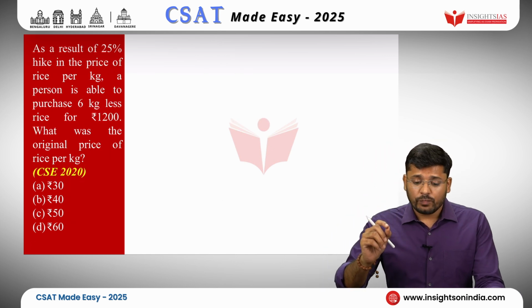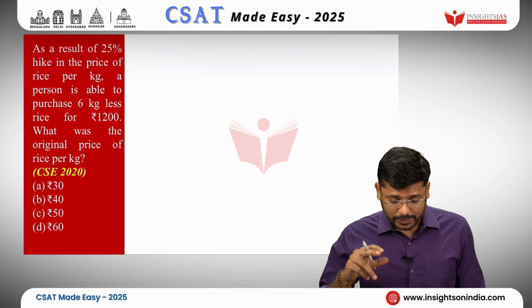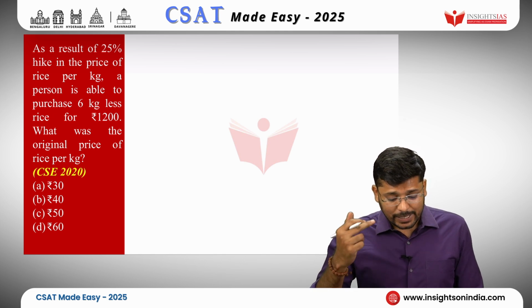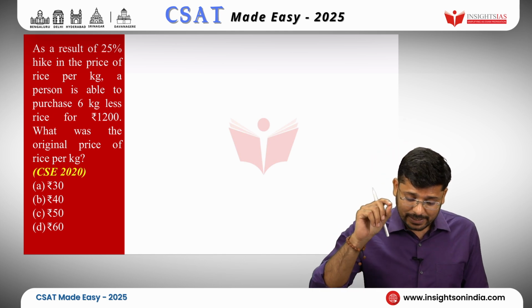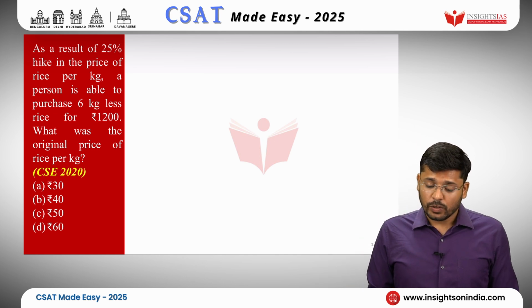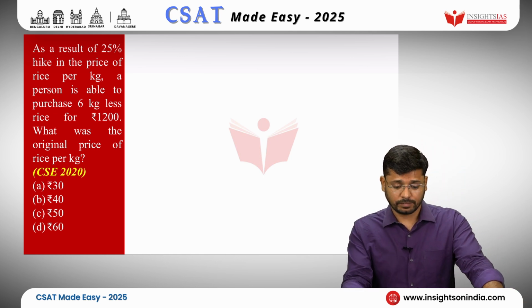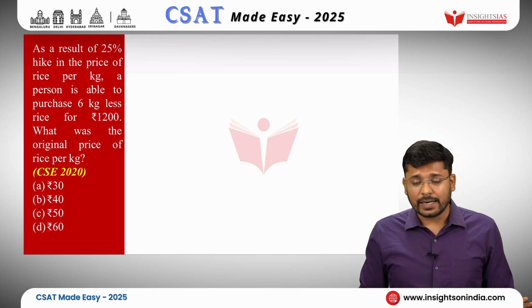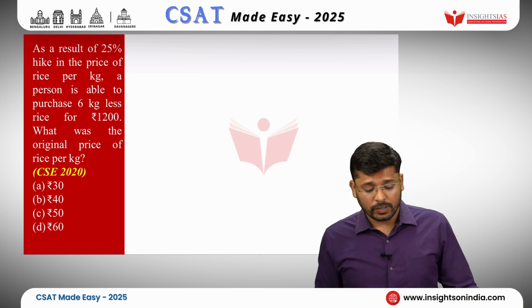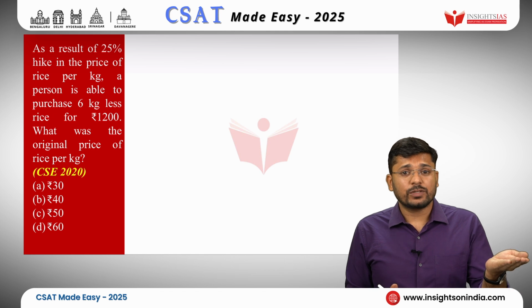As a result of a 25% hike in the price of rice per kg, a person is able to purchase 6 kg less rice for rupees 1,200. What was the original price of rice per kg? Okay, let's understand the problem now. Initially, the price of rice was something.